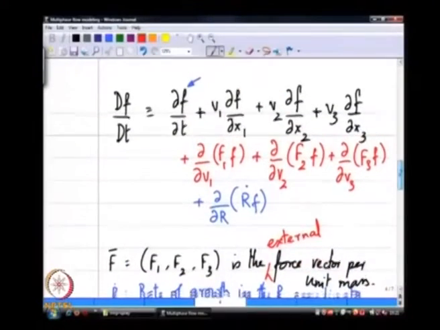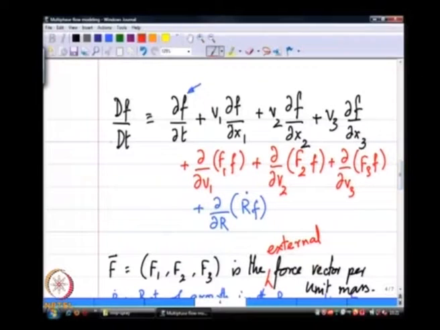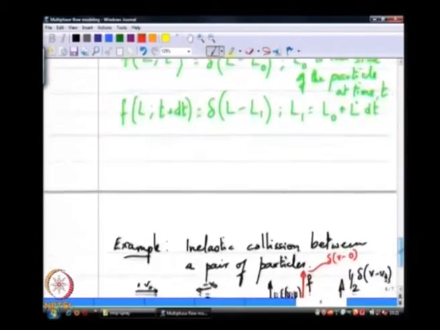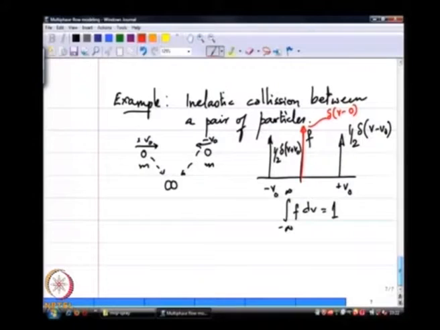So, essentially this total derivative of f has an effect due to collisions and any other systemic effects.